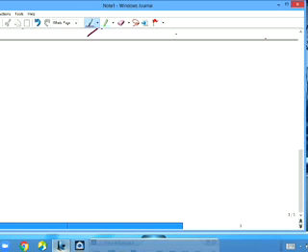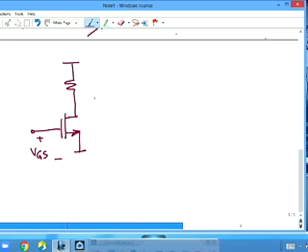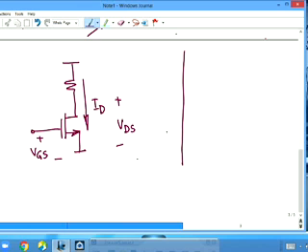So therefore, what has come up is something like this, that we know that the MOSFET is taking some current. Suppose this is my circuit. We know that the MOSFET has certain characteristics.